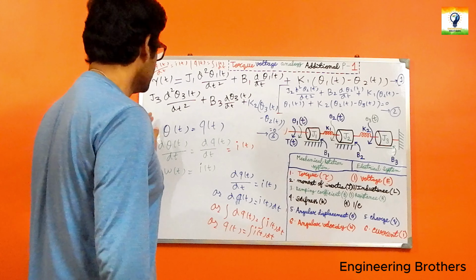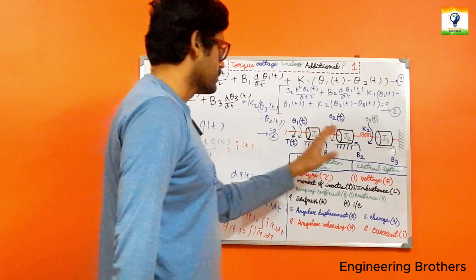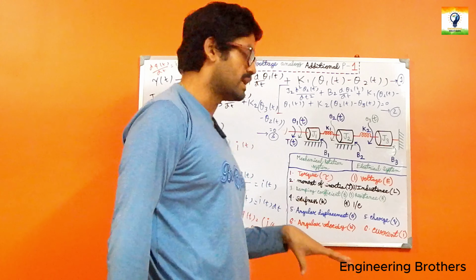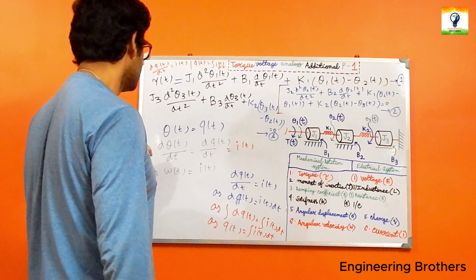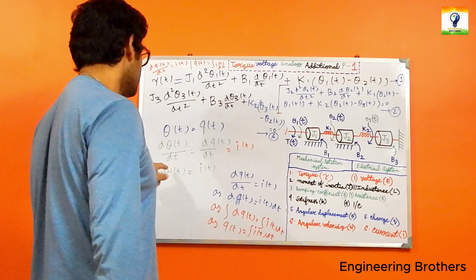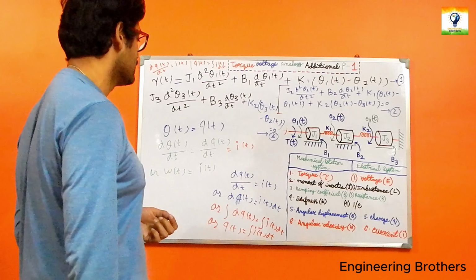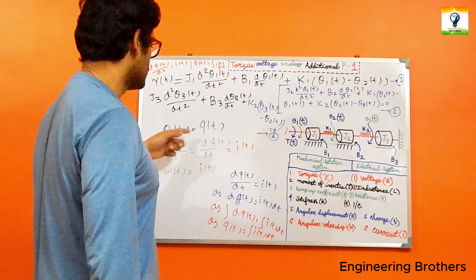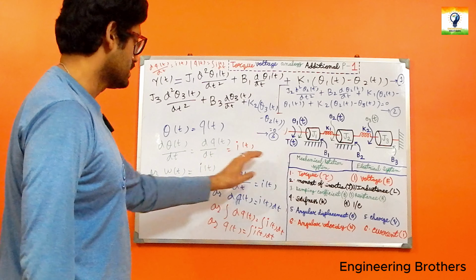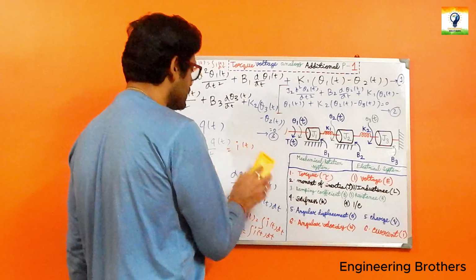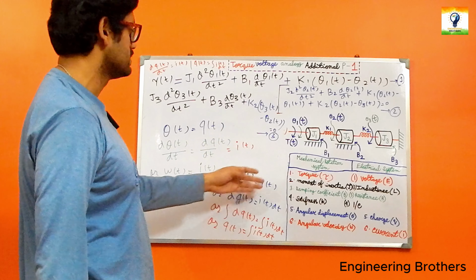Theta t is equal with our qt according to our given analogous chart, and if you take the derivative on both sides, we have d theta t by dt, which ultimately gives us the omega t, and this one is the definition of our it, and according to our definition for our current, dqt by dt is our it.